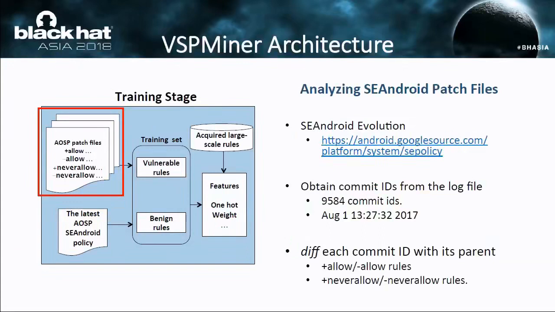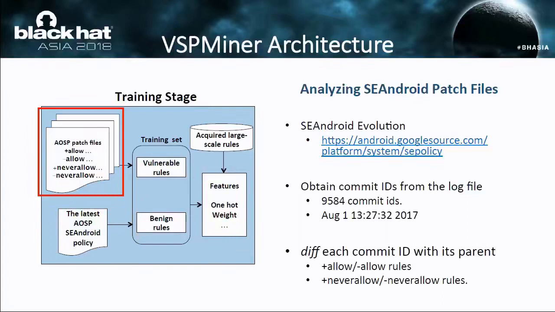First is how to extract the vulnerable rules. Our strategy is to analyze the SEAndroid patch files. As we know, the official website records the logs, or the evolution, of SEAndroid. So we dump the git logs into a log file, and we obtain the commit IDs from the log file.